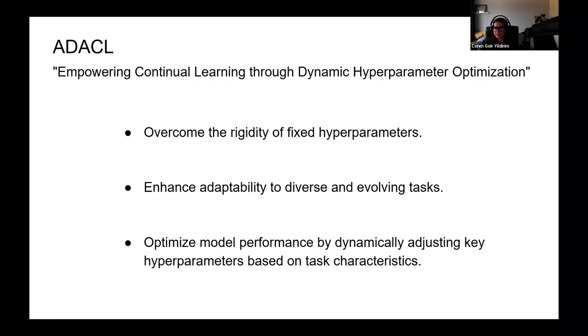We present ADA-CL, a concept designed to mitigate these limitations and bolster model performance in evolving continual learning scenarios. With this, we aim to overcome the rigidity of fixed hyperparameters, enhance adaptability to diverse and evolving tasks, and optimize the model performance by dynamically adjusting key hyperparameters based on task characteristics.